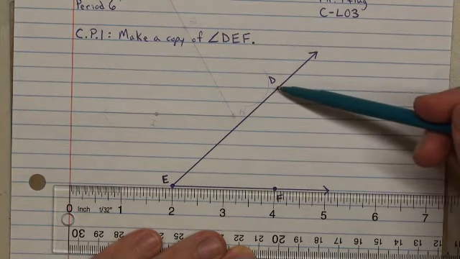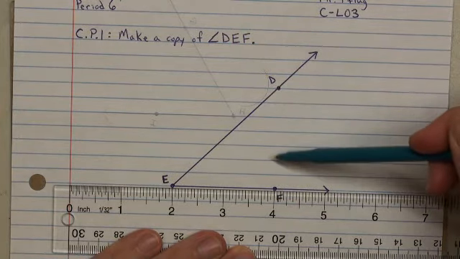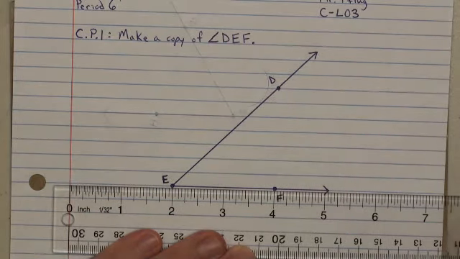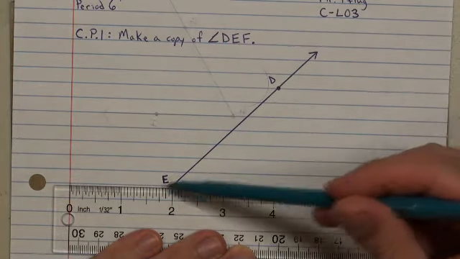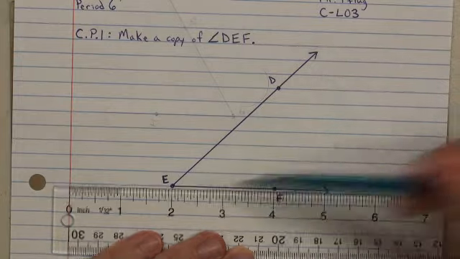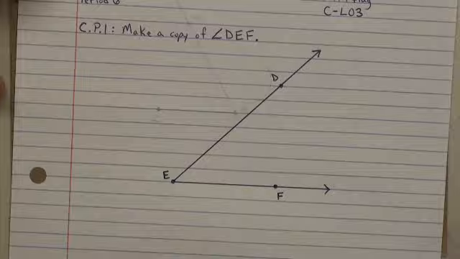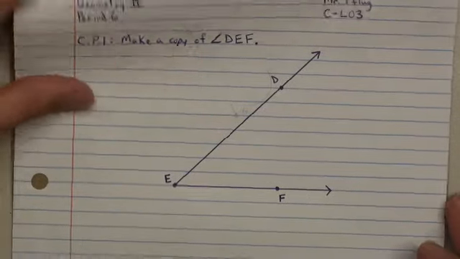Or you can count down from this point, 7 lines down, but it's the one that goes through that middle circle there. 2 inches in, 4 inches in. Make your lines, label your points, and you're going to make a copy of this angle in the space provided below.